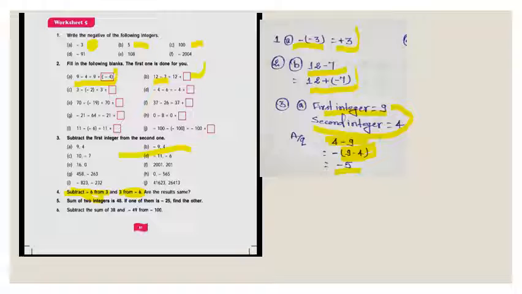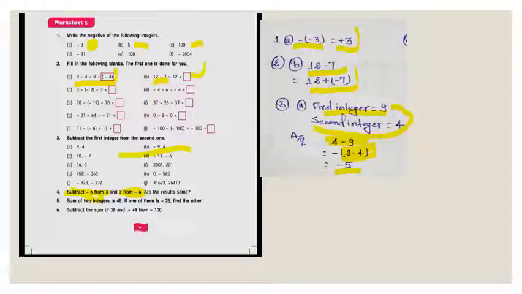In question number 5, the sum of two integers is 48. It means if we add two integers, either positive or negative, the result is 48, and one of them is minus 25.